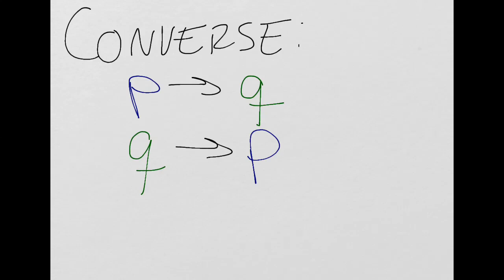Let's take a look at an example of this. So going back to the example that I used from the previous video, our conditional statement, if I am Peter Pan, then I can fly.